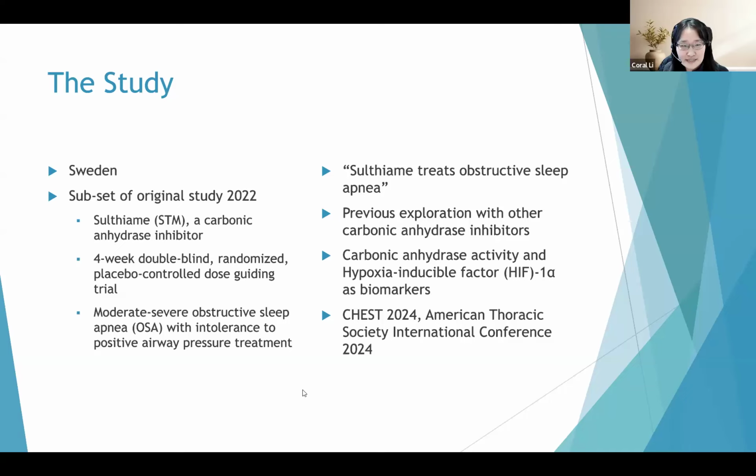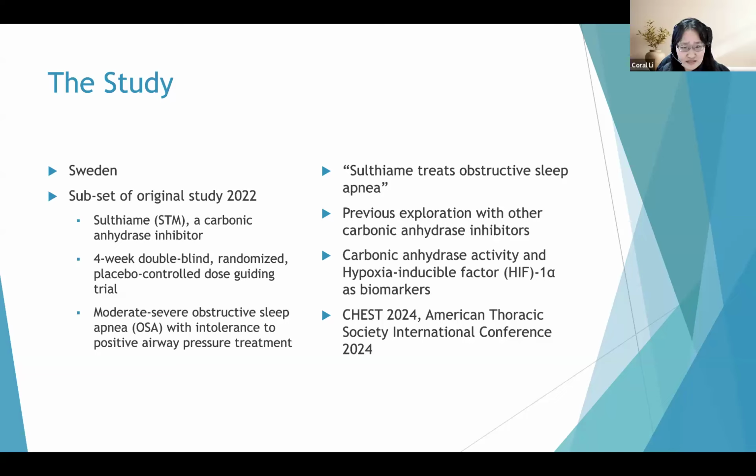If patients are able to access all this, I was curious how this medication could potentially affect future management of OSA. This medication was also brought into discussion during the 2024 CHEST meeting, as well as the American Thoracic Society international conference this year.